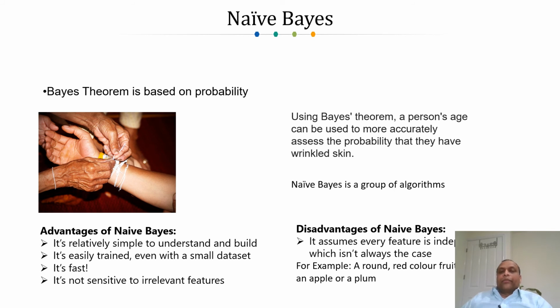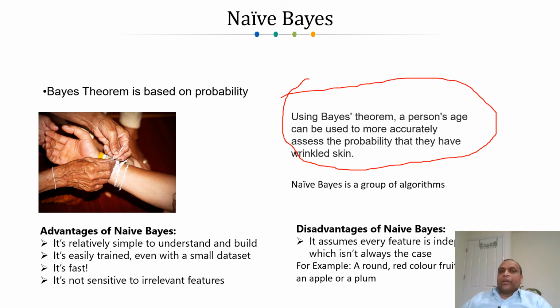How did you tell? So, for example, using Bayes' theorem, a person's age can be used to more accurately assess the probability that they have wrinkled skin. It is not necessary for a person to have wrinkled skin if they are older. It is not a rule.